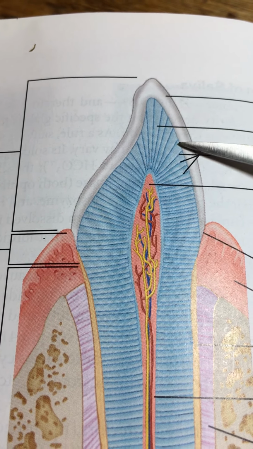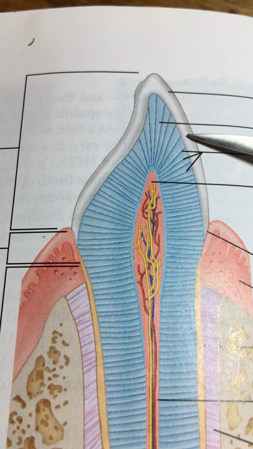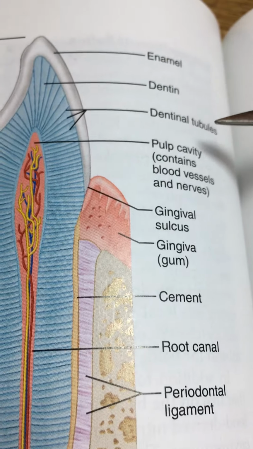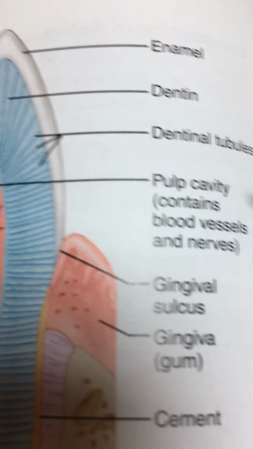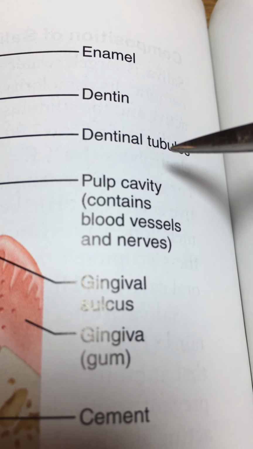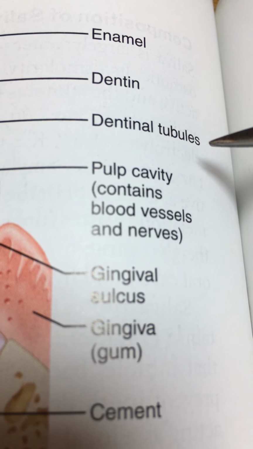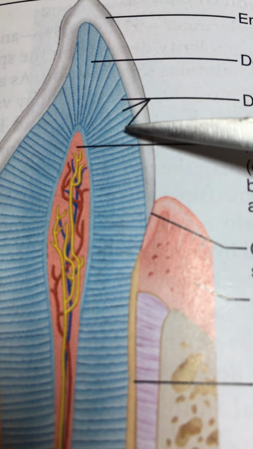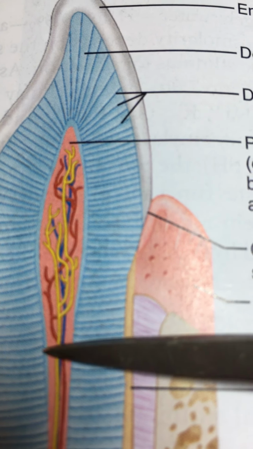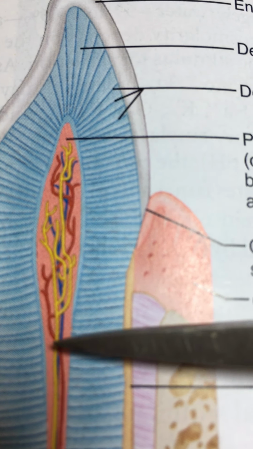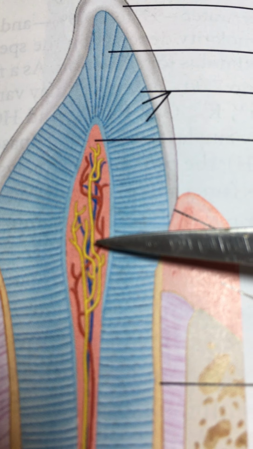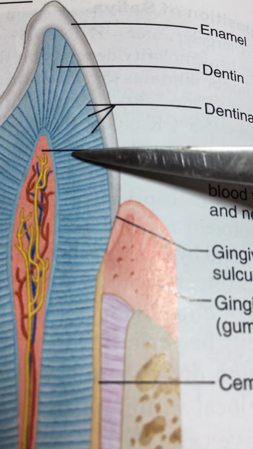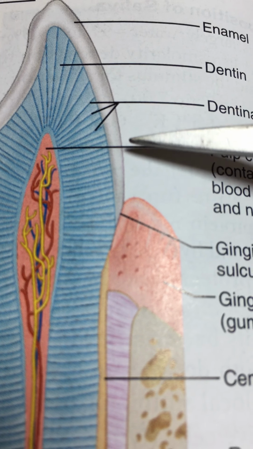If, for whatever reason, this gets eroded in some way, then the dentinal tubules that make up the dentine lead into this canal through here. The canal is filled with capillaries, and a nerve goes all the way through, so things can communicate once there is an opening in the enamel.